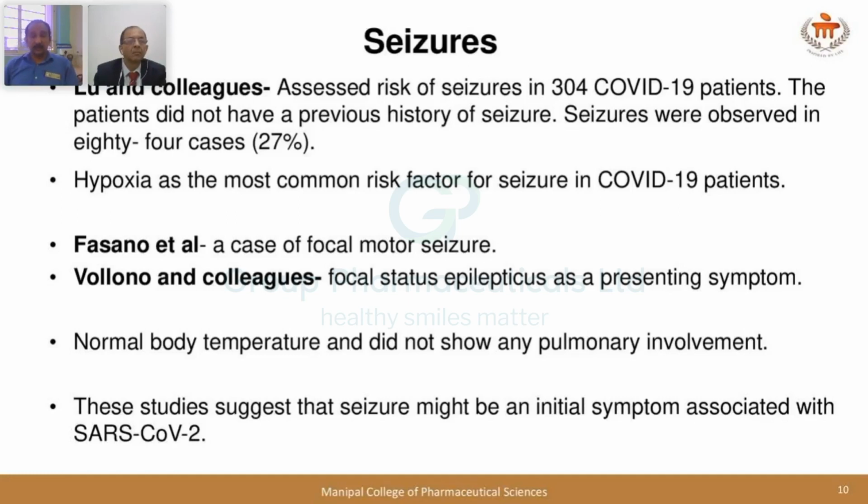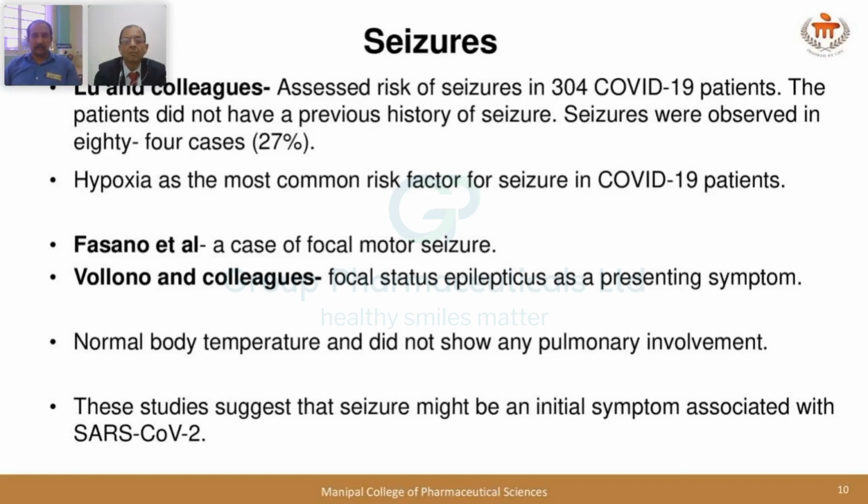But when you look into the seizure manifestation, as the SARS-CoV-2 is connected with respiratory illness and lung disorder, one of the important risk factors for seizure might be hypoxia. So they concluded that hypoxia may be one of the common risk factors for seizure in COVID-19 patients. This was one of the first studies, conducted in China.